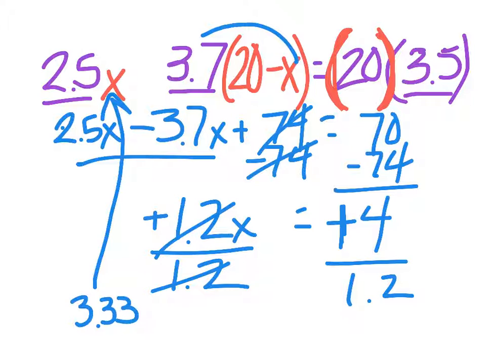To get this one, you have to take 20 minus 3.33. Or basically, you got to think how much does it take. But if you don't know, just do 20 minus 3.33, and you get 16.67 gallons. There you go. Hopefully that makes some sense. But hey, there's always more.